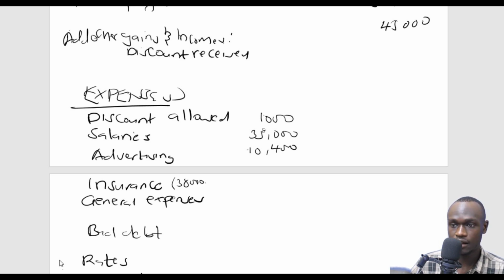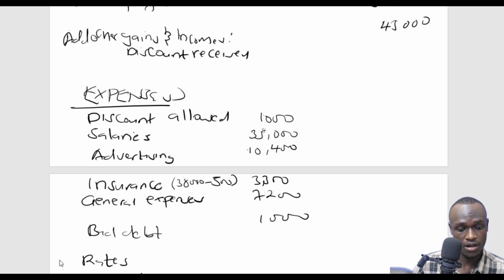We less the prepaid insurance, which is 500, so we remain with 3,300. General expenses 7,200. Bad debt 1,000. Rates, we have 5,600 plus accrued, which is 400. So we'll have 6,000.